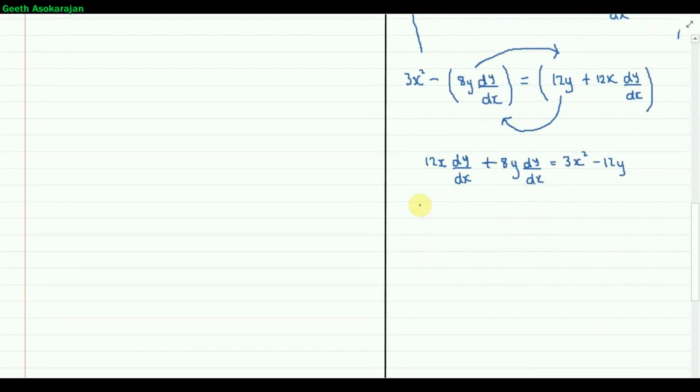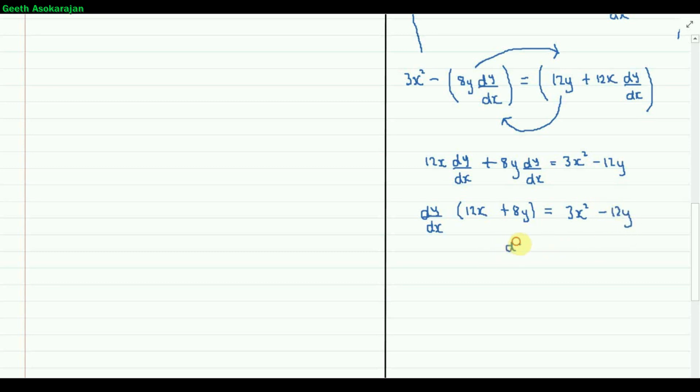Now we need dy over dx, so in my next step I'm going to take a common factor of dy over dx. So I'm going to factorize, giving me a 12x plus 8y within the bracket. That is equal to the 3x squared minus the 12y on the other side.